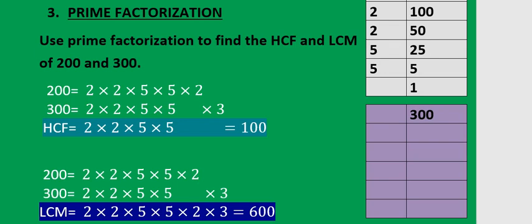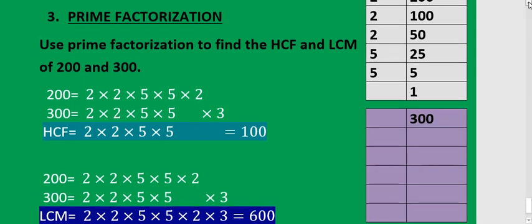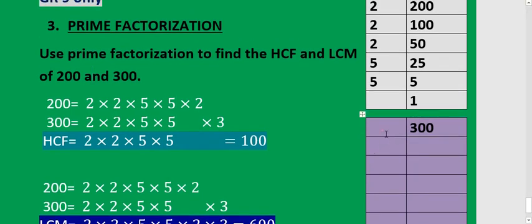I think that should be simple enough to find the factors. So let's do that for 300. We've already done it for 200, and I will do it for 300. Can 300 be divided by 2? Yes. Gives us 150. Could 150 be divided by 2? Yes.